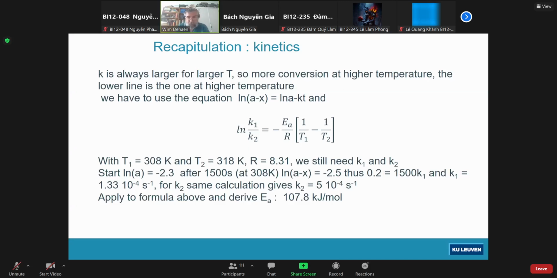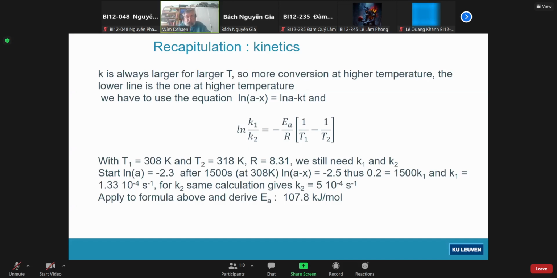From the same equation, K1 is 1.33, K2 is 5. That's about right, I think, because for most reactions, heating 10 degrees is about 3 times faster. So if we apply that, we put everything in: K1, K2, T1, T2, and R. The only unknown is the activation energy, and in this case we can calculate that the activation energy is 107.8 kilojoule per mole.